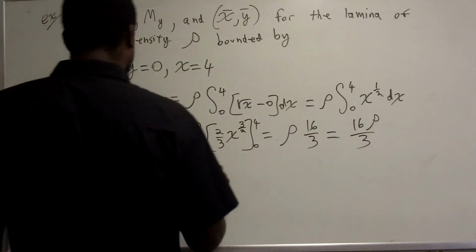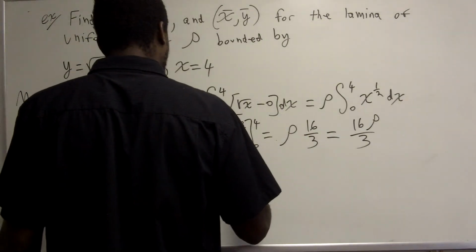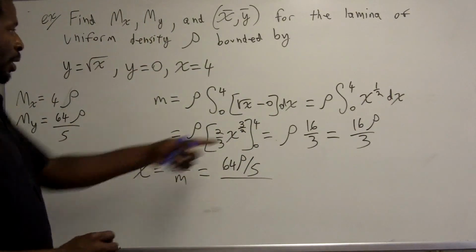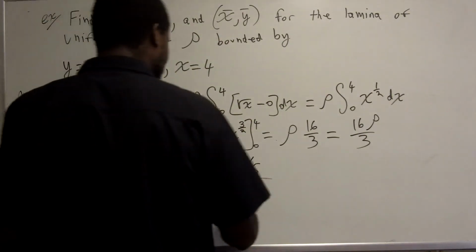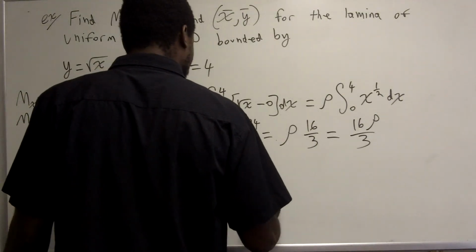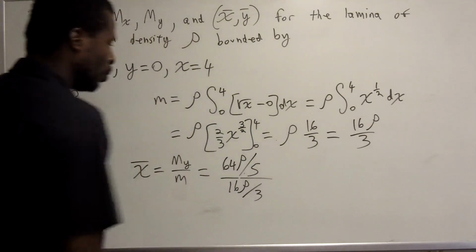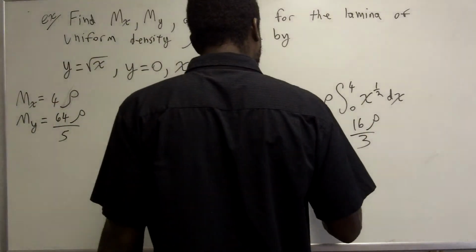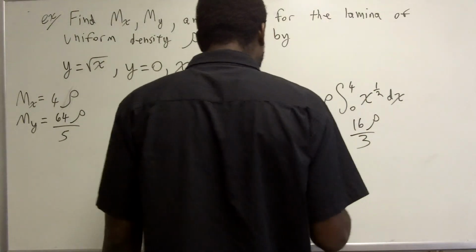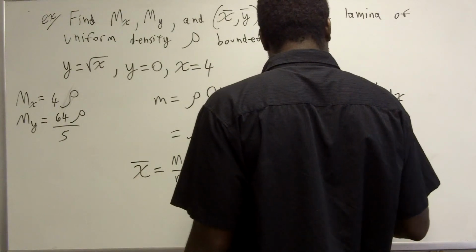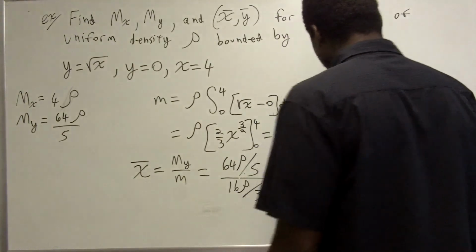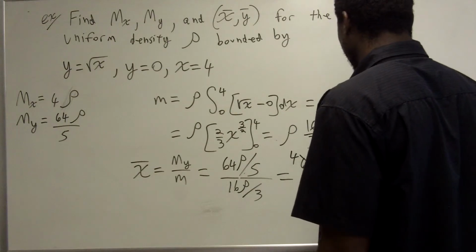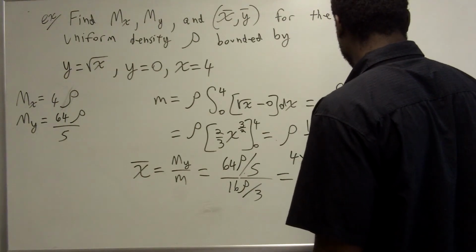My is 64 rho over 5, and I'm dividing that by 16 rho over 3. So that's the quotient that I'm finding. This is going to be 64 rho over 5 multiplied by 3 over 16 rho. The rhos cancel. 16 goes into 64 4 times, so I really get here 12/5.